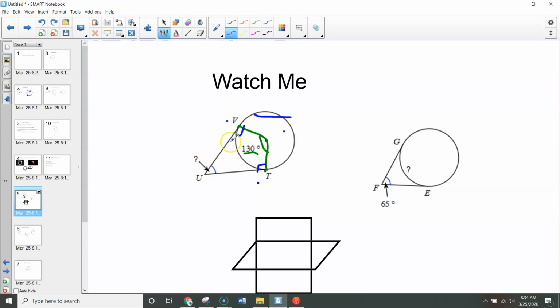So 90 plus 90 is 180. For the sake of this, I'm just going to ignore these two angles. I know that 180, because that's what's left after I subtract the two 90s, minus 130 gives me this angle measure right here, which is 50 degrees.